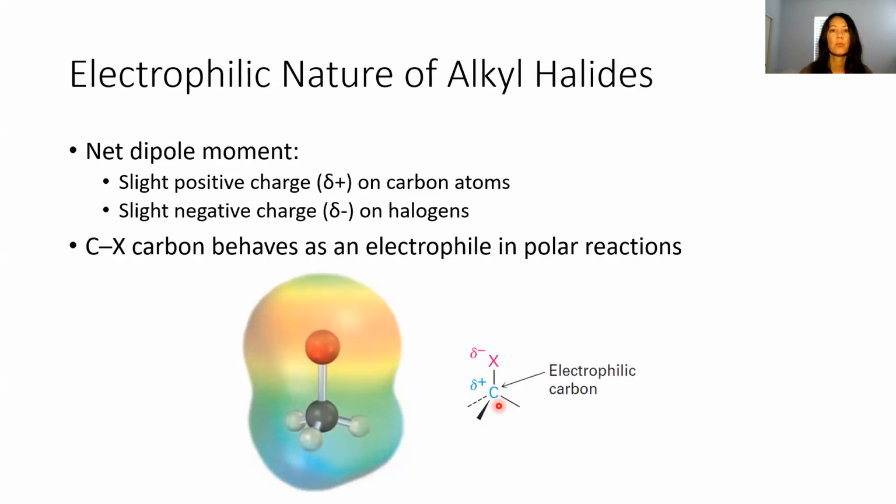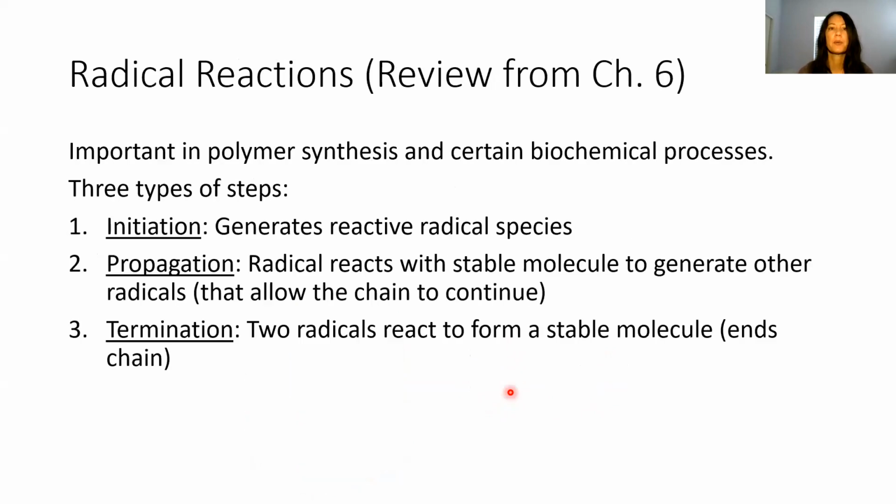It can be reacted with a nucleophile, something more negative, actually a full or partial negative charge, can come in and attack the plus here. So overall, just keep in mind when you see a C-halogen group, you should start thinking of that carbon as electrophilic, and nucleophiles can come in and attack.